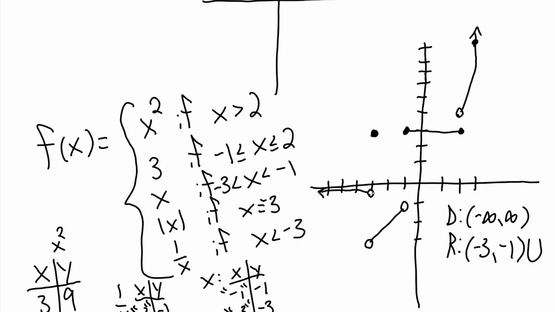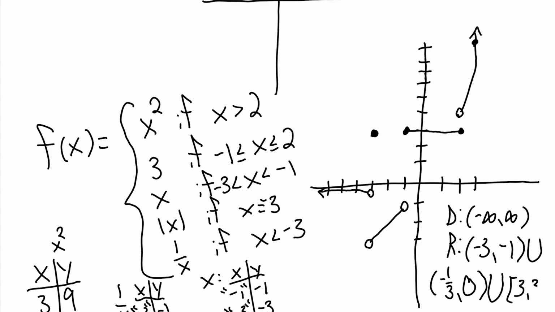Then there's going to be a gap up to this point right here, which is -1/3, this open circle. And then it's going up to 0, but neither of these are included because it's not touching -1/3, it's not touching 0. Now we're jumping all the way up to 3, which is included.